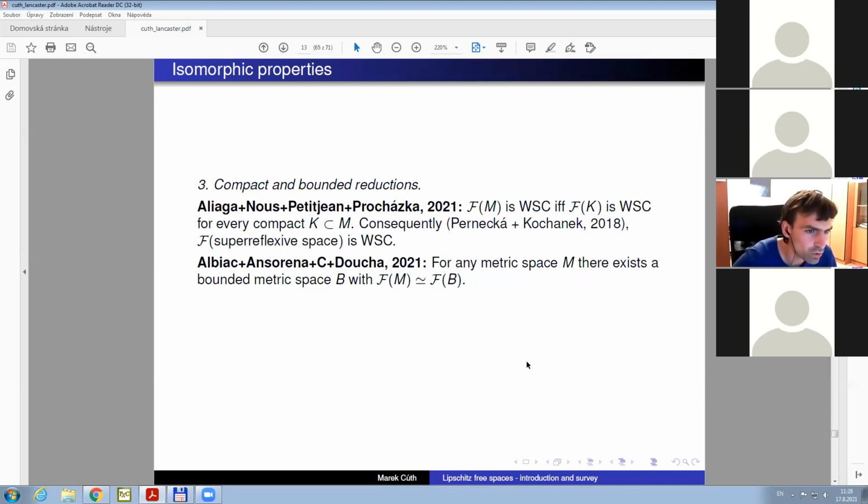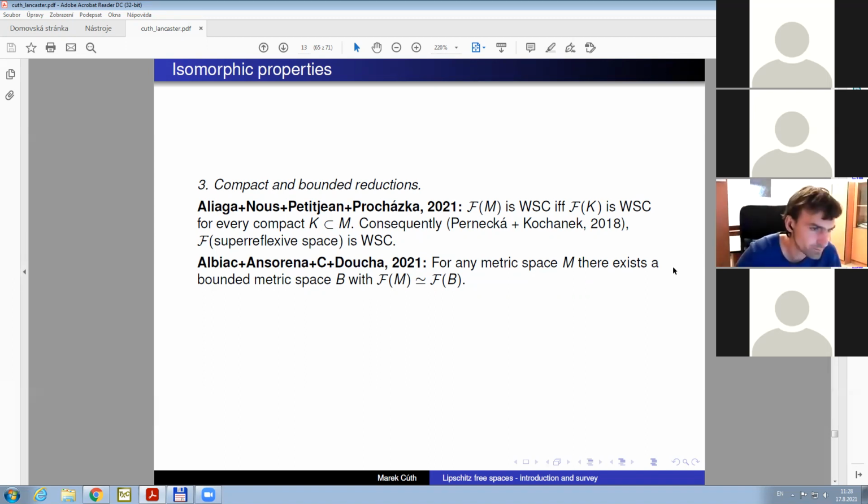Now, there are also some other compact reduction results concerning not only weak sequential completeness, but similar results also hold for the Schur property or for the Radon-Nikodym property. And one more result by Albiac, Ansorena, Doucha, and me is that for any metric space, there exists a bounded metric space such that the corresponding Lipschitz-free spaces are linearly isomorphic.